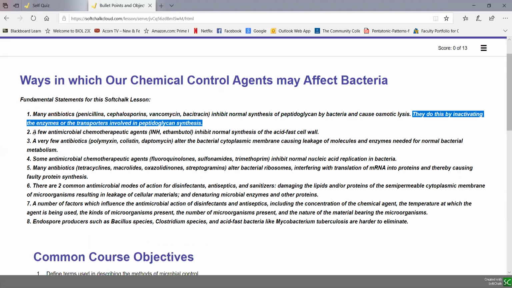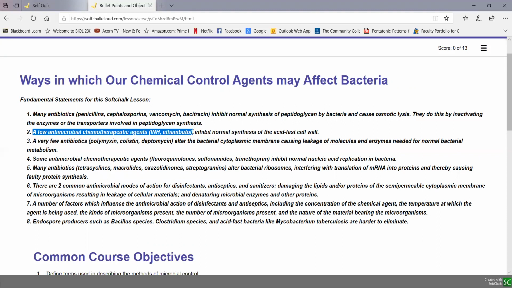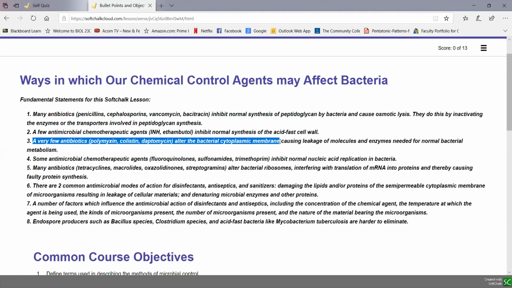A few antimicrobial chemotherapeutic agents, such as INH and ethambutol, inhibit normal synthesis of the acid-fast cell wall. A very few antibiotics like polymyxin, colistin, and daptomycin alter the bacterial cytoplasmic membrane, causing leakage of molecules and enzymes needed for normal metabolism.